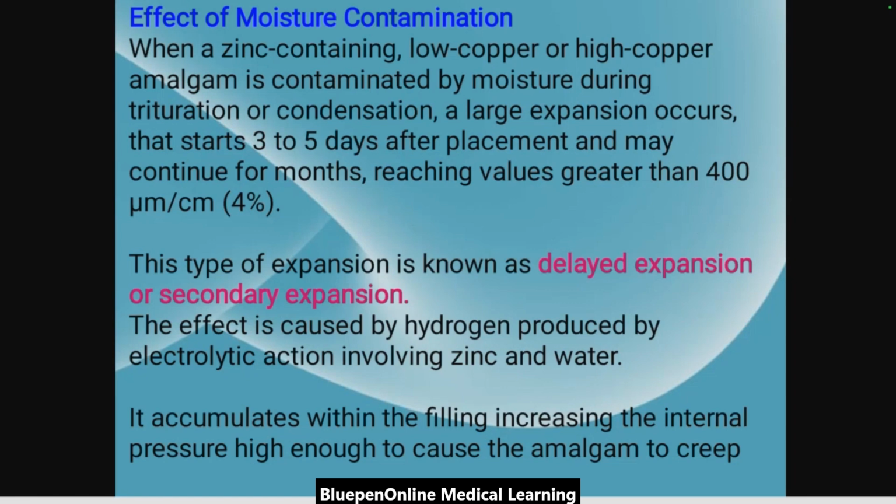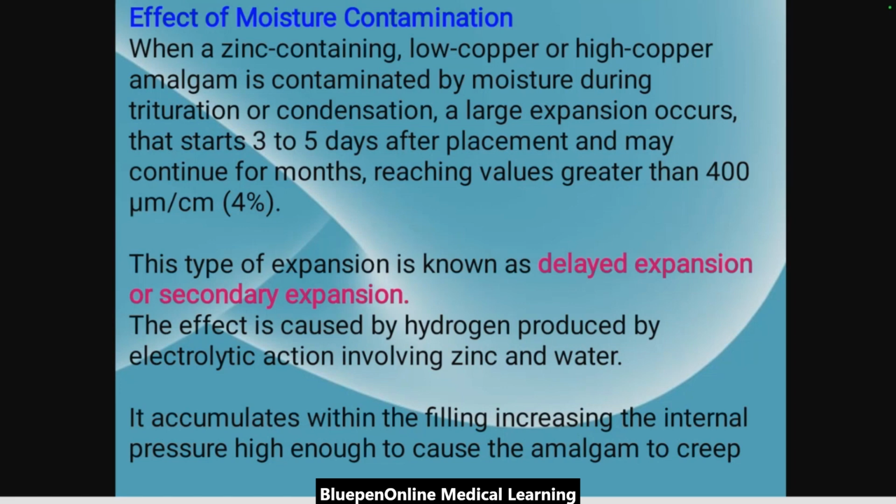Now let's see the effect of moisture contamination. When a zinc containing low copper or high copper amalgam is contaminated by moisture during trituration or condensation, a large expansion occurs that starts 3 to 5 days after placement and may continue for months, reaching values greater than 400 microns per centimeter. We have seen the accepted value of dimensional change is not more than 20 microns per centimeter.